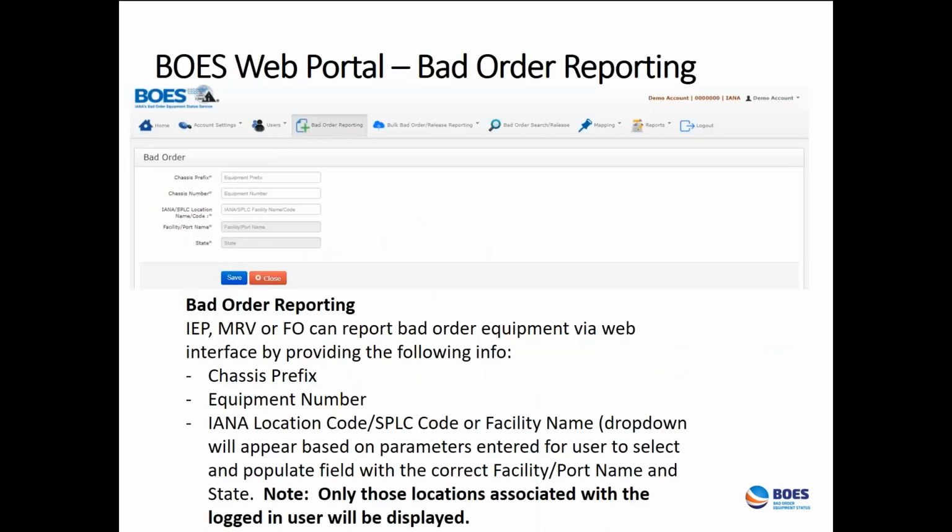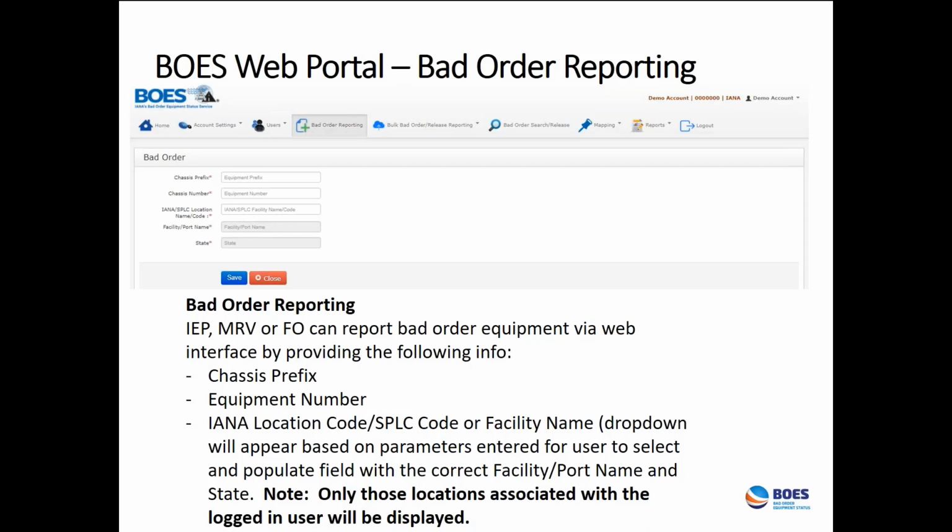So the web portal, the BOES application, as I indicated, has a web portal that a lot of our users utilize right now to transmit their transactions back and forth to the application. You can see here there's a bad order reporting screen where basically the user would enter the alphanumeric chassis ID, and then the IANA location code is based off of our IANA intermodal location code that IANA keeps for several of its applications that we use.